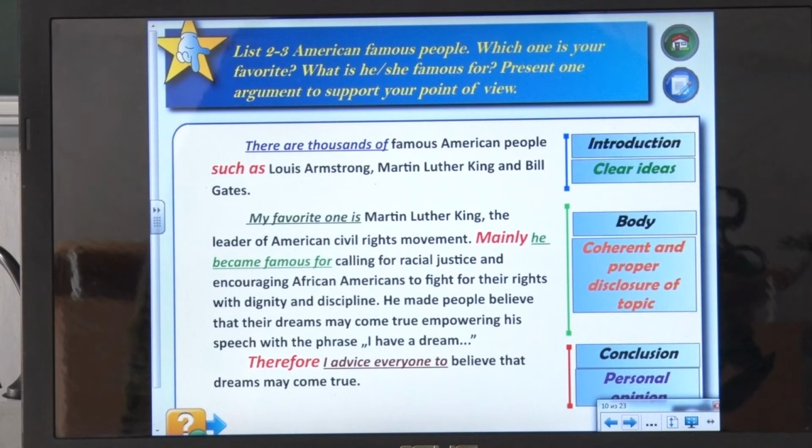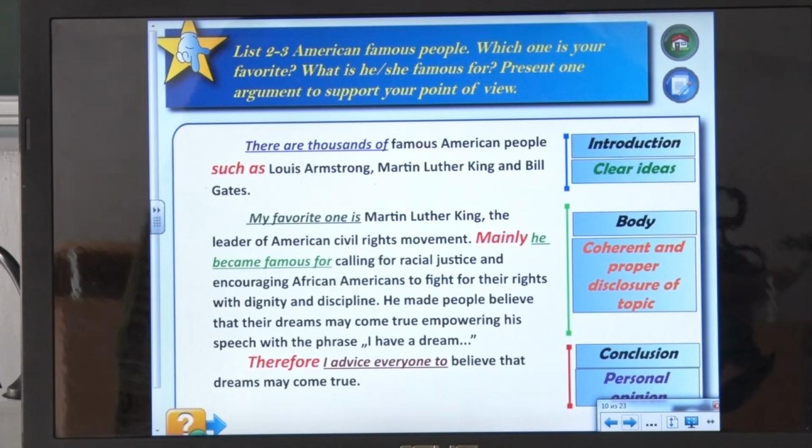Here, in this slide, you can see the linking words that this student has used in his message. In the introduction, he has used such as. It's the similarity, and next he is going to enlist, as it was required in the first sentence of the topic.